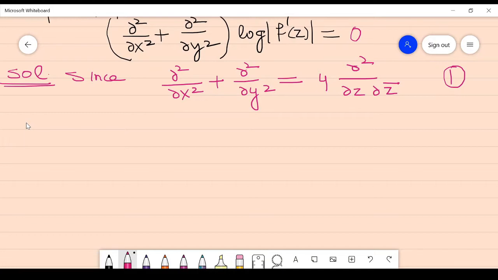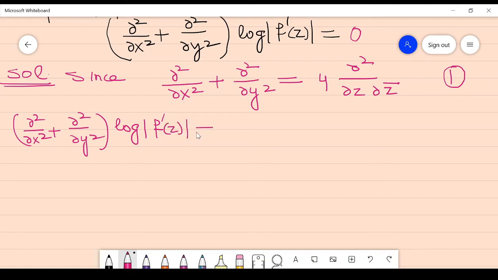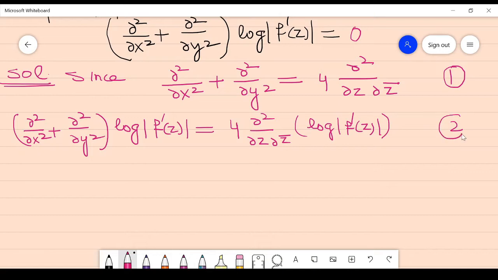Now here the situation is log of f dash z. Now from this, ∂²/∂x² plus ∂²/∂y² into log of absolute value of f dash z, which is equal to 4 times ∂²/∂z∂z conjugate into log of f dash z. So this is equation number 2.